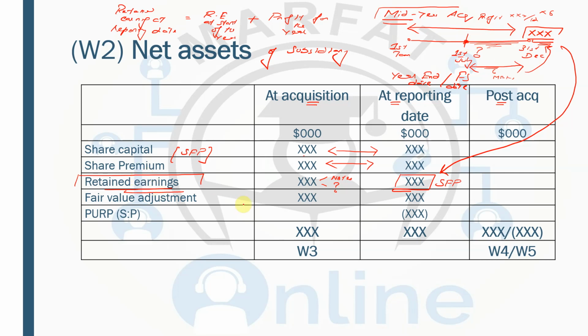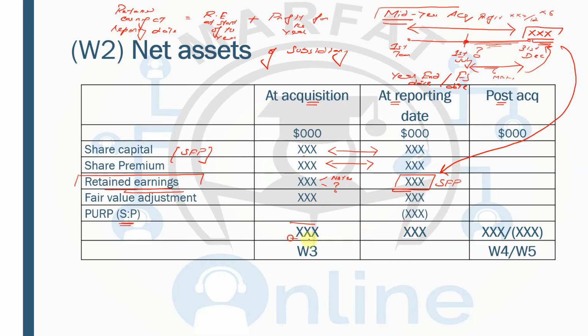Then you have the fair value adjustment. You take the fair values, and we will be plotting figures both at the acquisition and reporting date. And then we have the unrealized profit from subsidiary to parent. If sales have been made from subsidiary to parent, then the profit is included in the subsidiary's figure, so you need to deduct it from here.